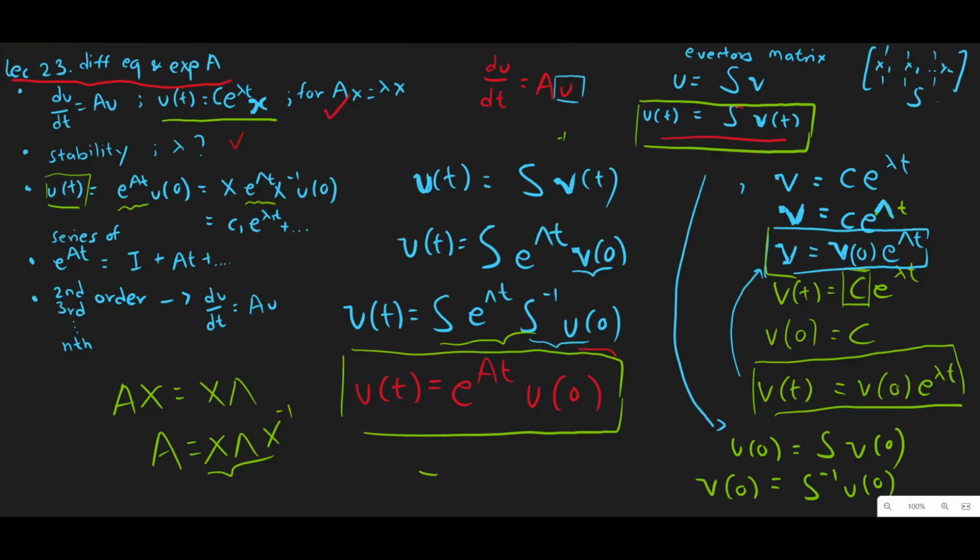But actually this still brings us to the same equation, c1 e to the lambda 1 t x1 and so on. Why is it? Because, remember what I told you before, this is just a matrix of eigenvectors, this is just the e part in the diagonal, and this is a constant, so in the end we still have this, and this is still ut.